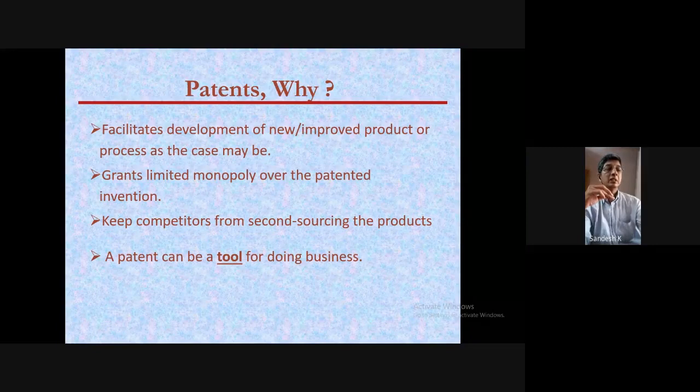So that is the principle of this whole concept, and it definitely grants a monopoly over other inventions, and definitely competitors will first think whether I should work with this product or whether I should buy it or I should develop a separate competitor for this. So definitely it is a tool for business.